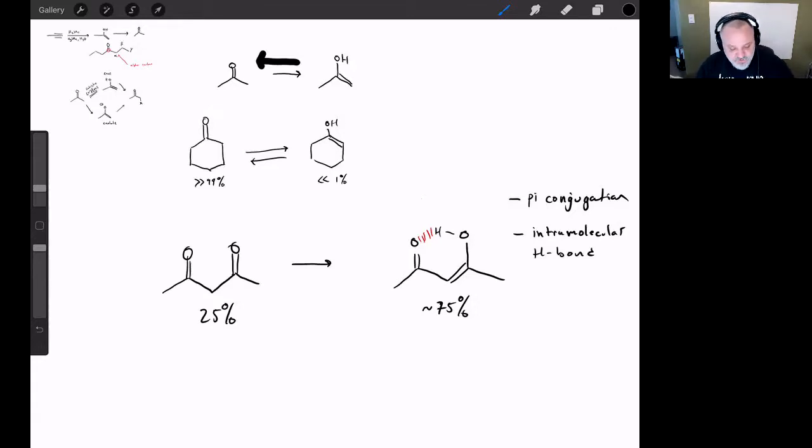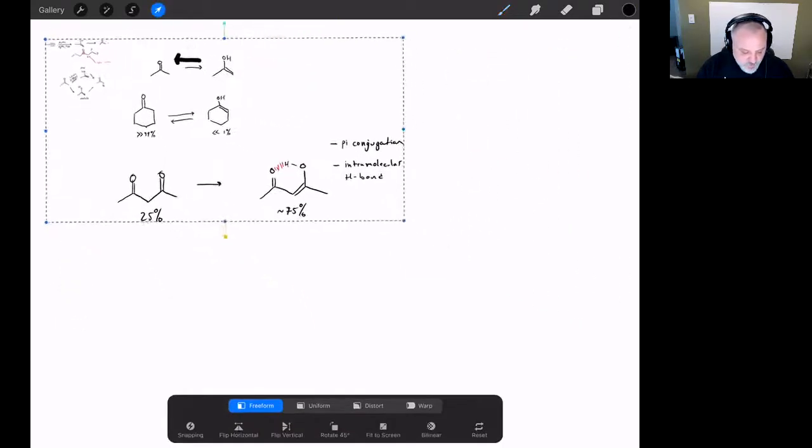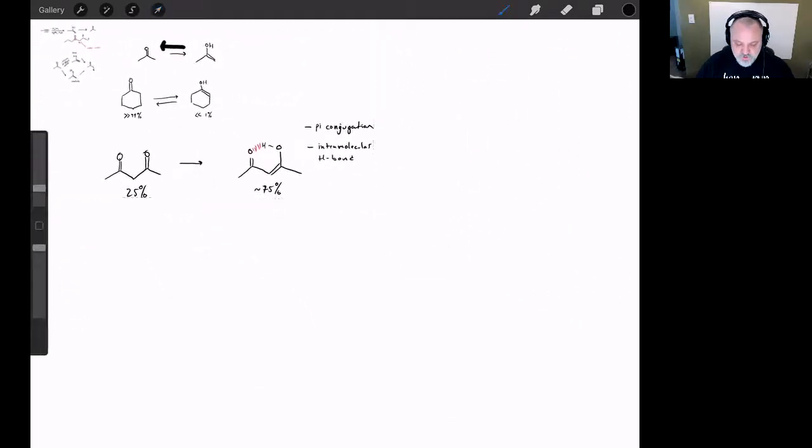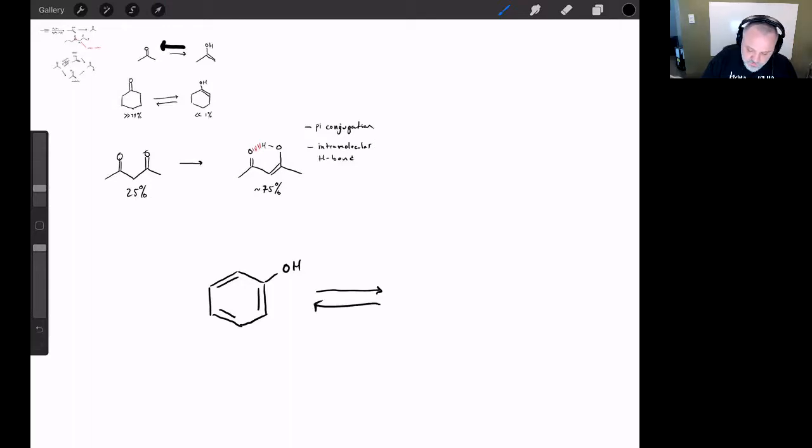And we can continue to go further in this example of, well, where would the enol be favored? And we can give you a clear example of what would obviously be favoring an enol if we think about phenol. I'm sorry, not phenone, phenol. If we take a look at the corresponding ketone, there's a big deal here, right?